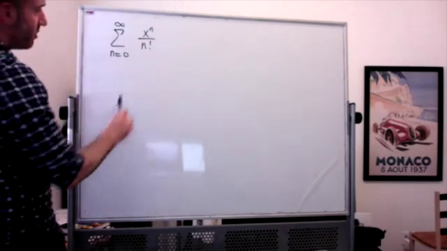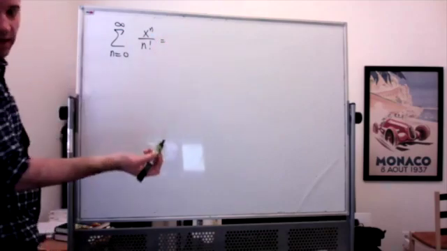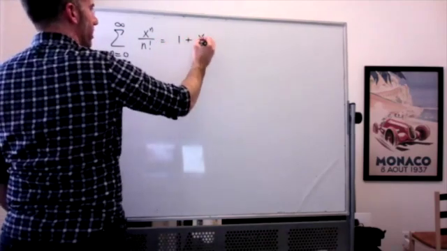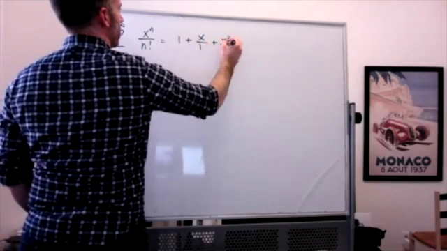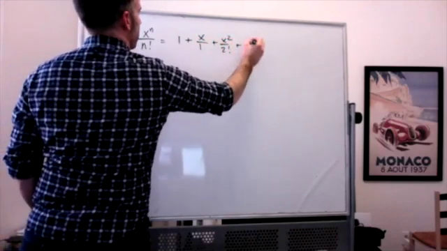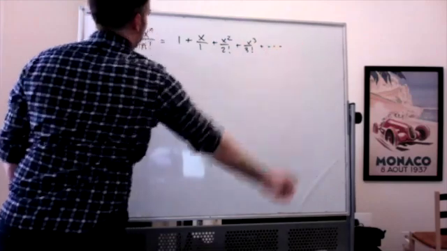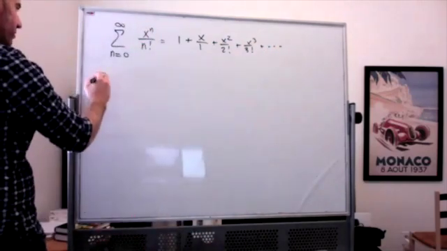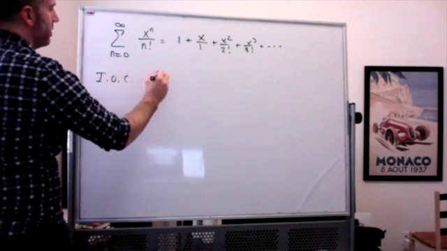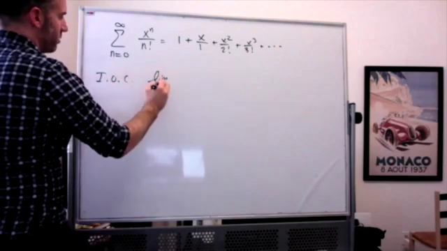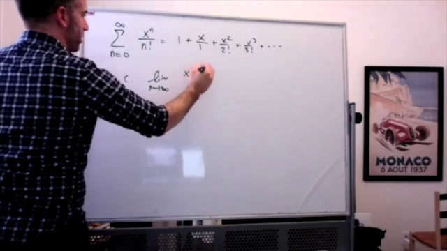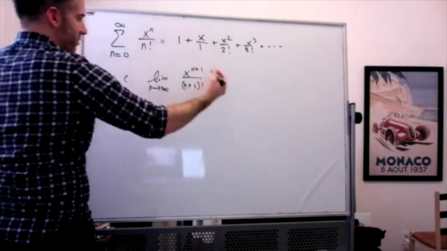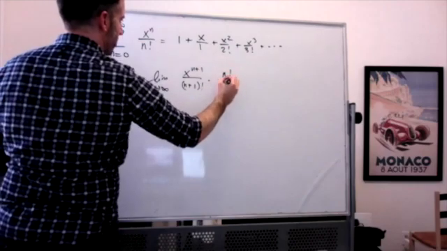So this is equal to x to the 0 over 0 factorial plus x over 1 factorial plus x squared over 2 factorial, and so on. And to find the interval of convergence, use the ratio test: limit as n goes to infinity of x to the n plus 1 over n plus 1 factorial, divided by that, times the reciprocal.